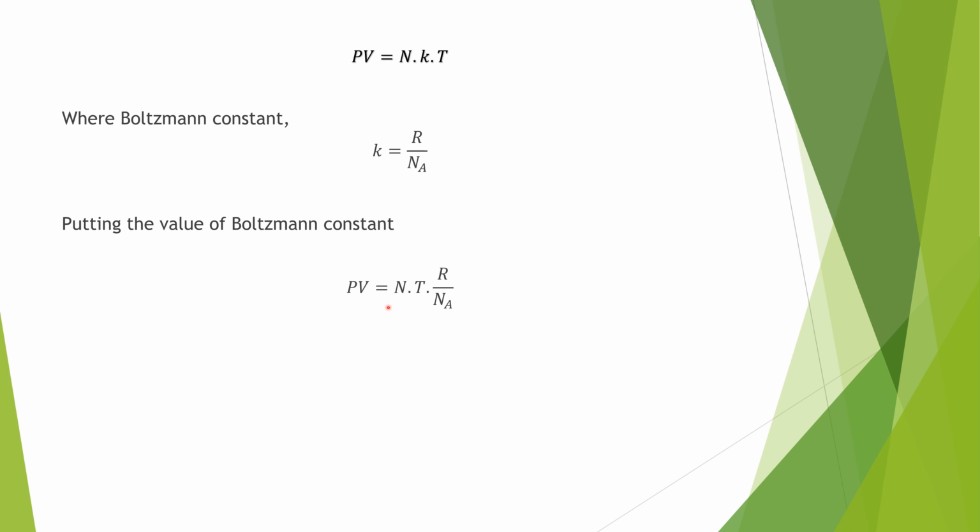We get PV is equal to N T R upon Na, or PV is equal to N upon Na times R times T. Now this total number of molecules divided by Avogadro's number is the number of moles, so the relationship becomes PV is equal to nRT. So this is all about the verification of the general gas law, Boyle's law, and Charles' law using the kinetic theory of gases.